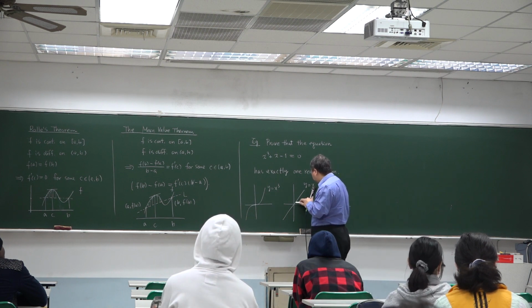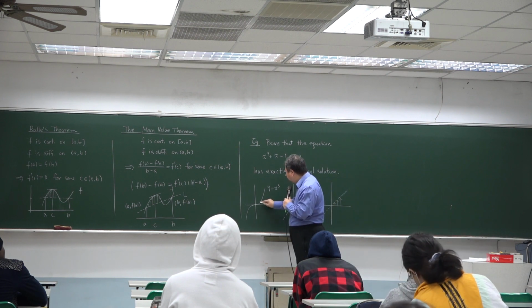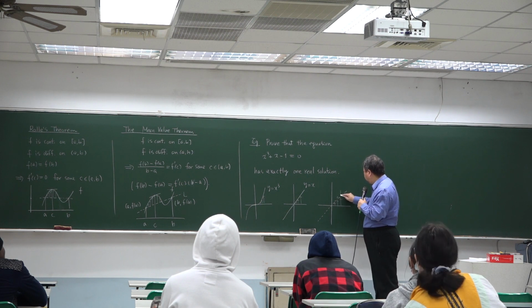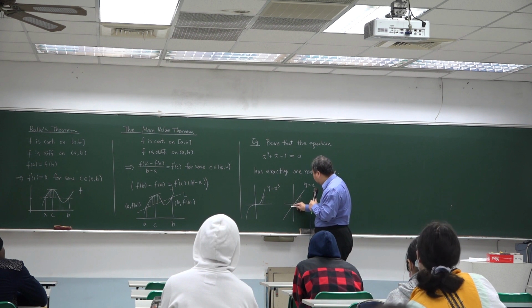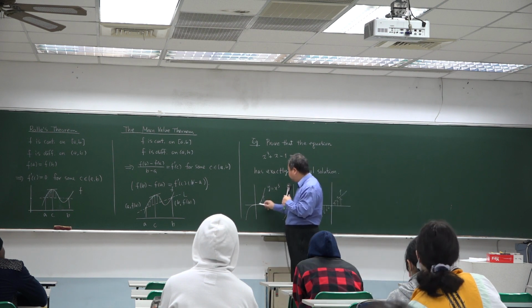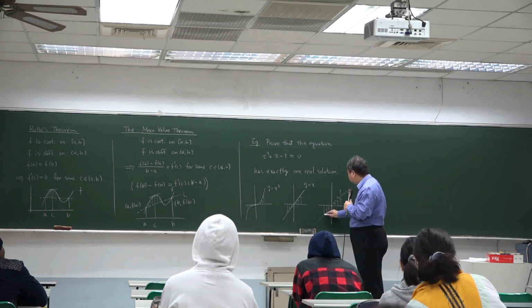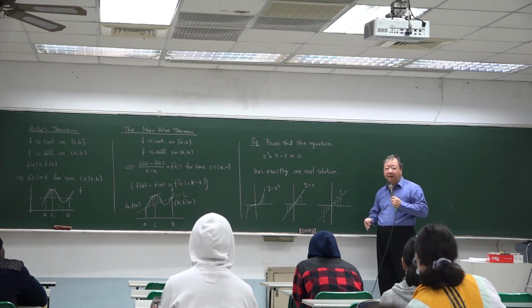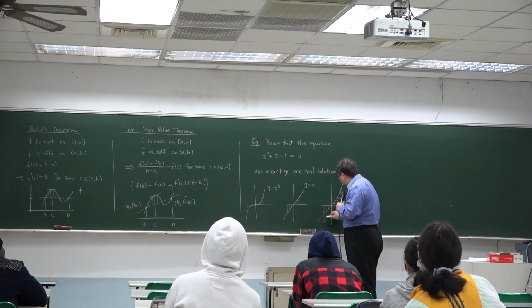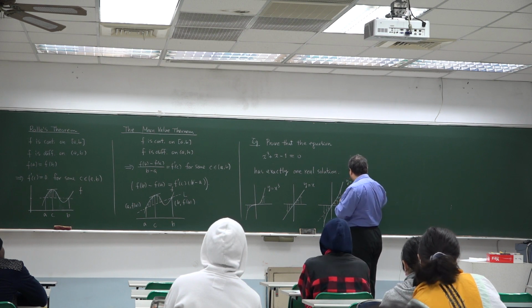So the sum of these two functions, whose graph will look like this: this is y equals x, and y equals x cubed. By a superposition property, this is the graph of y equals x cubed plus x.